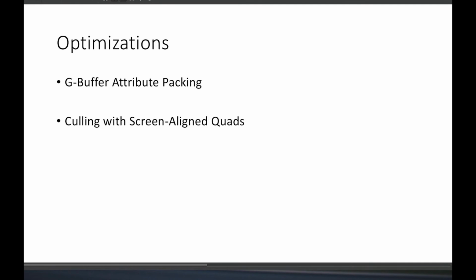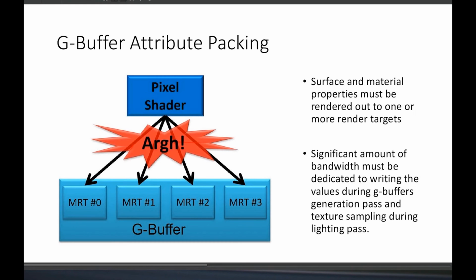I am going to describe two optimizations to get better frames per second. Remember that in deferred shading, we are outputting our pixel data to many different render targets. The problem is that in the geometry pass you need to output that data, then the GPU needs to send these buffers to the CPU, and then in the lighting pass you need to send this data again.